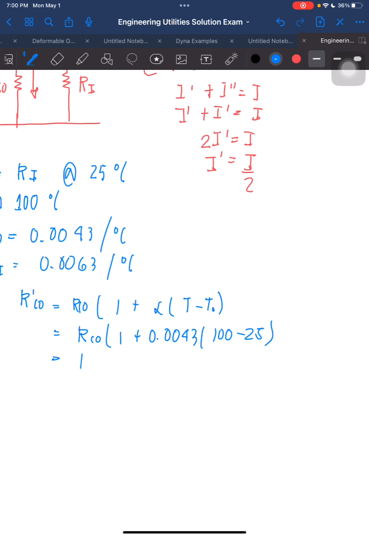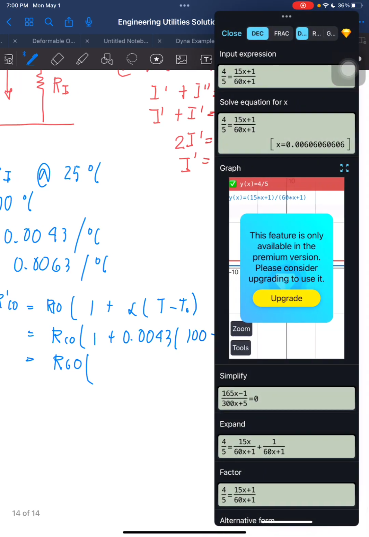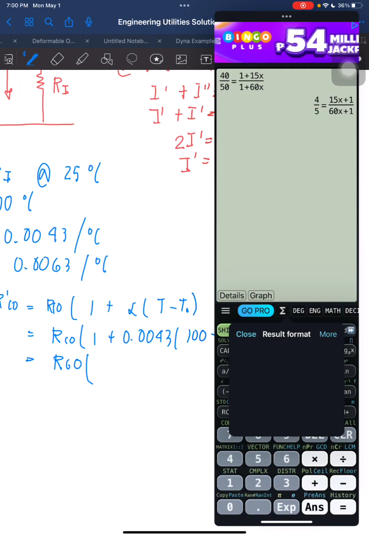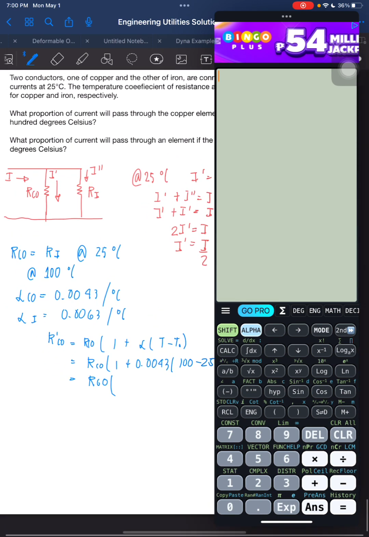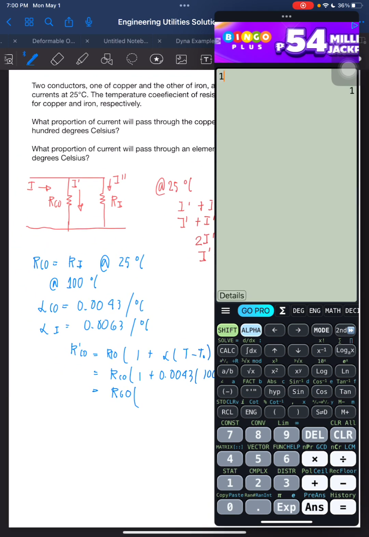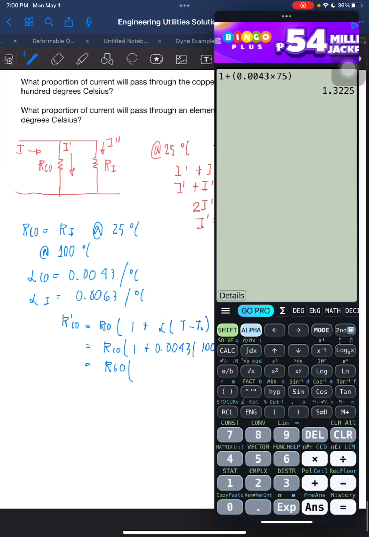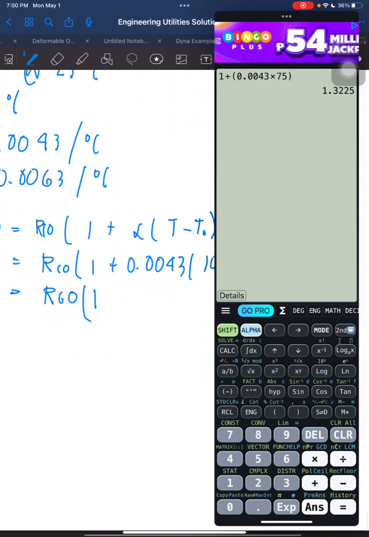Ito ay makukuha natin. RCO is equal to 1 plus 0.0043 times 75. Ito ay 1.3225. RO times 1.3225.